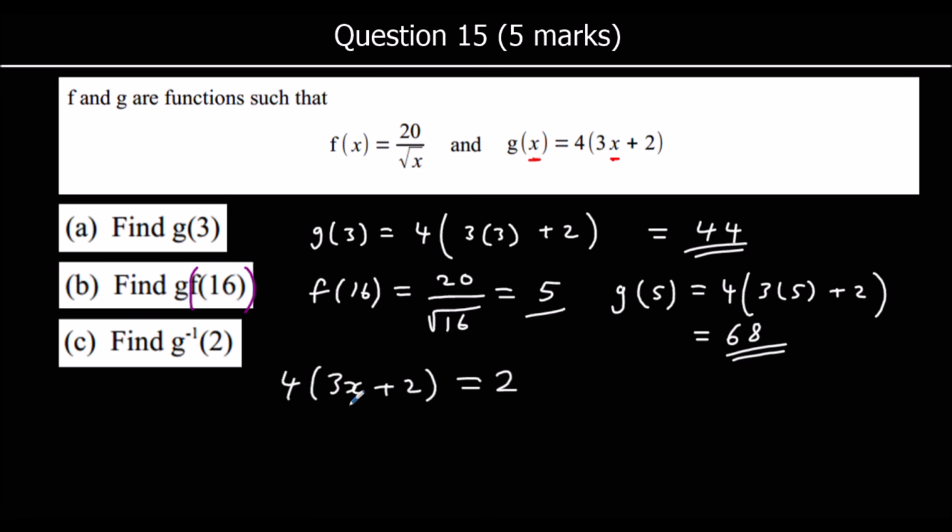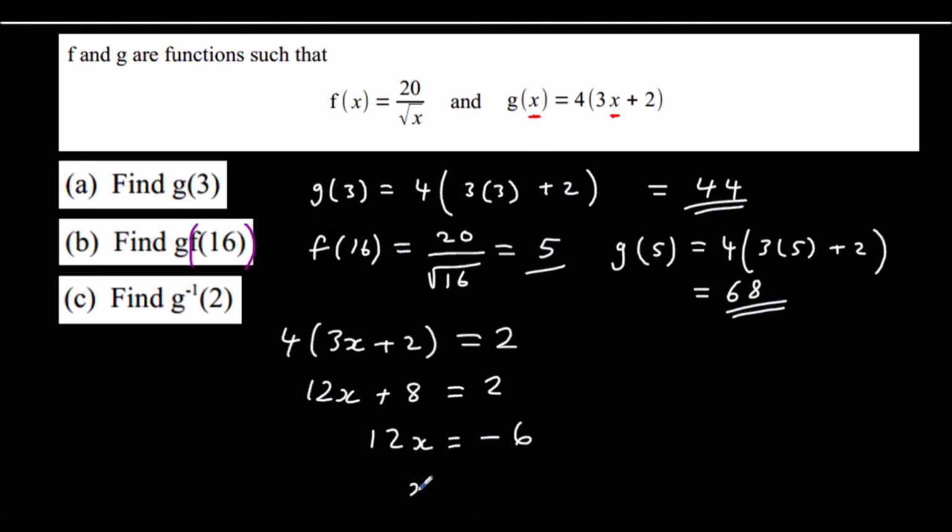So I can expand the brackets, so 12x plus 8 equals 2. Take away 8 from both sides. 12x is negative 6. And then divide both sides by 12. Negative 6 twelfths, or minus 0.5. So if you put minus 0.5 in, you get 2 out. So if you go backwards, you put 2 in, you get minus 0.5 out.